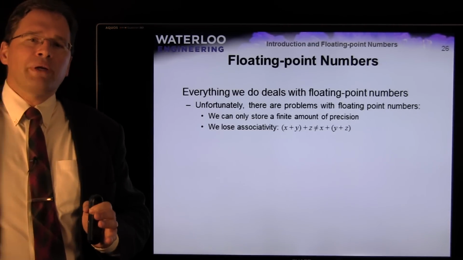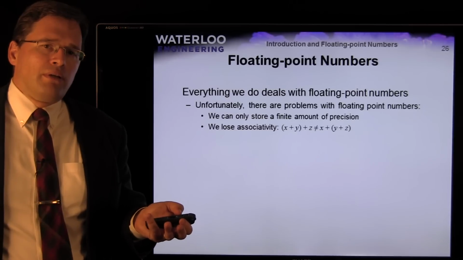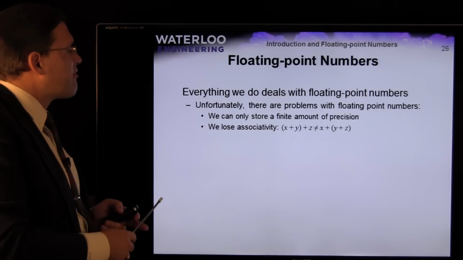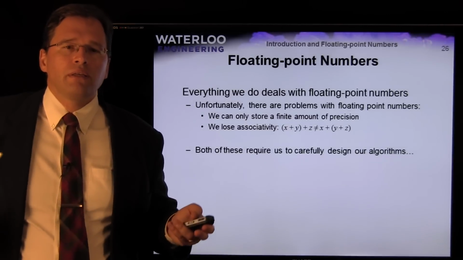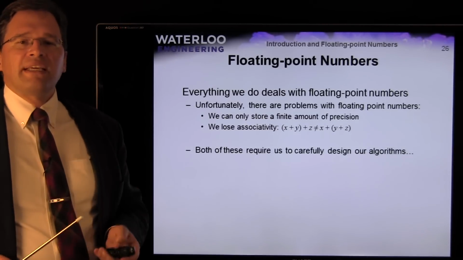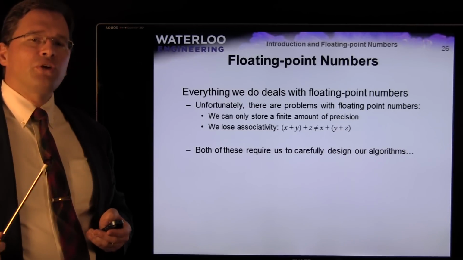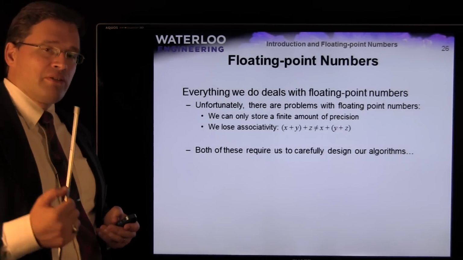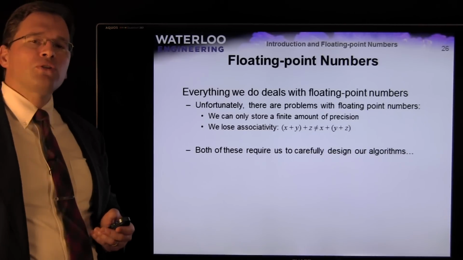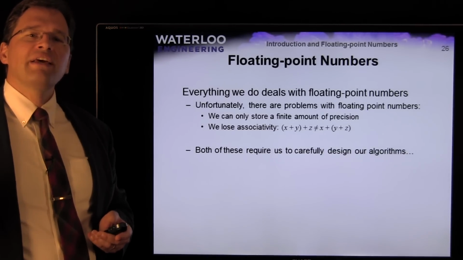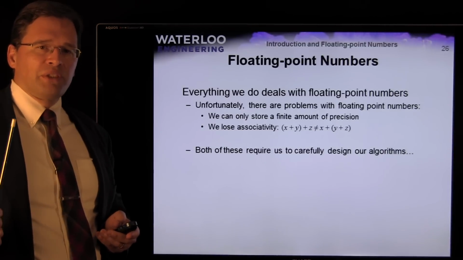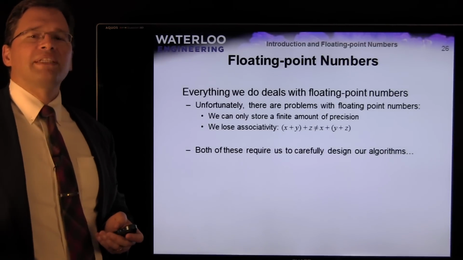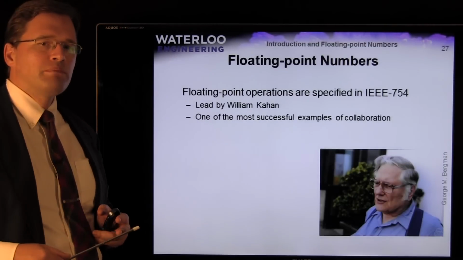But with floating point numbers, it actually can affect the result. So basically what this says is that we also have to make sure that we carefully design our algorithms not only to deal with numerical approximations, but also to deal with the fact that we're using a finite precision floating point representation of real numbers.